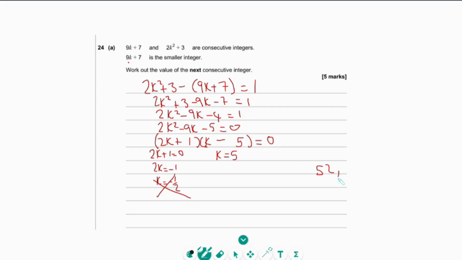So that's my 9k plus 7. If I substitute 5 into here, 2 times 5 squared plus 3 is 53. They're consecutive integers, so the next one is 54. So the answer is 54.